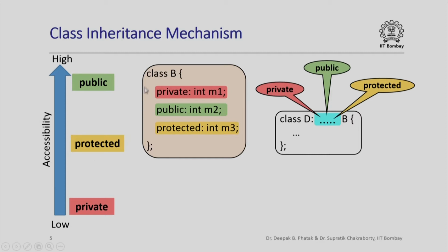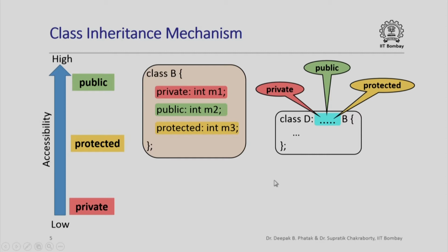So going back to our example, this was the class B within which I have three data members with three different access control specifications, and here I have the class D derived from B, and the mode of inheritance or the mode of derivation could be one of private, public or protected.